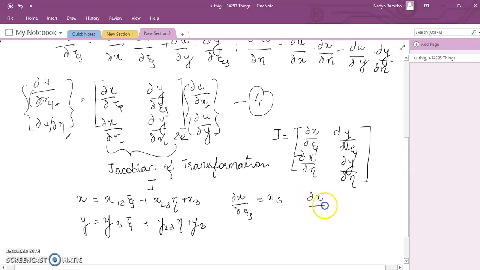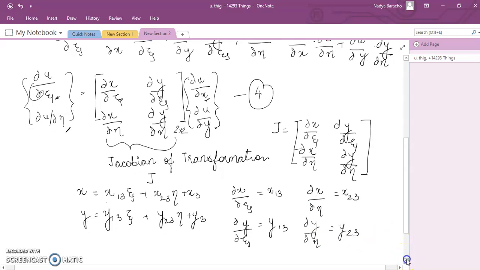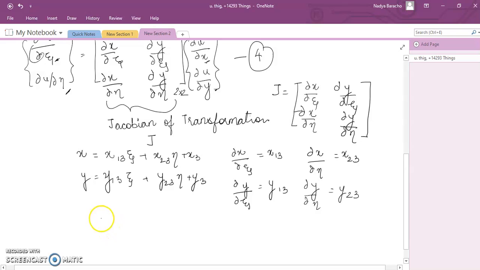If I differentiate it with respect to eta, I will get x23. Same thing for the equation in y. So I get y13, and dou y by dou eta is y23. So substituting this in the J matrix, dou x by dou zeta is x13, dou x by dou eta is x23, this is y13 and y23.